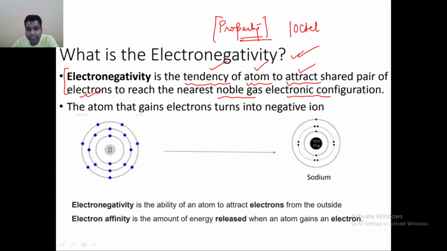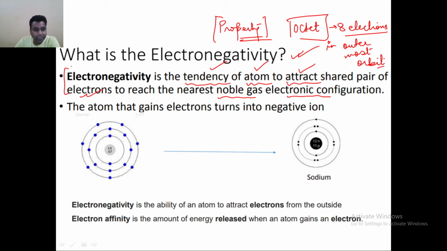In most of the cases it tries to complete the octet, means 8 electrons. Let me write it down so that you have a clear idea: 8 electrons in the outermost orbit. I think this definition is pretty clear to everyone.